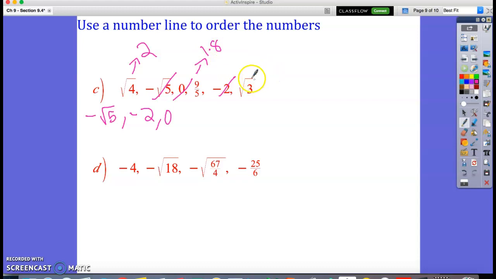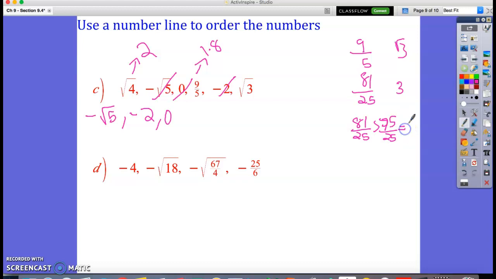Now we need to see whether 9/5 or square root of 3 is bigger, right? 9/5 and square root of 3. So this is 81 over 25, and this is 3. 81 over 25 is greater than, you can actually do the division, or you can say 81 over 25 is greater than 75 over 25.